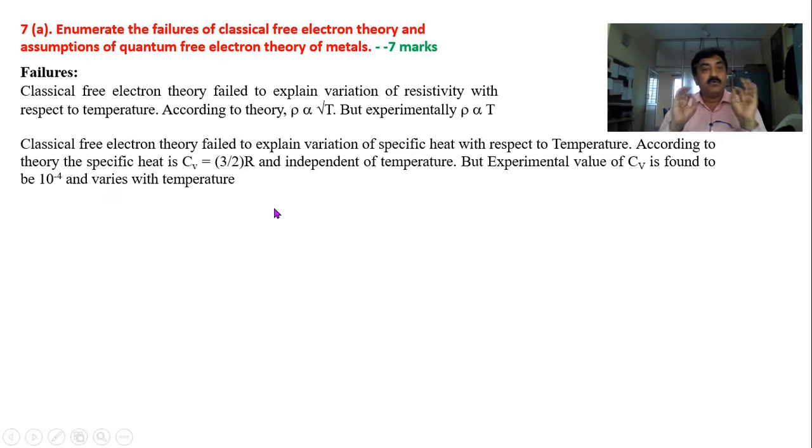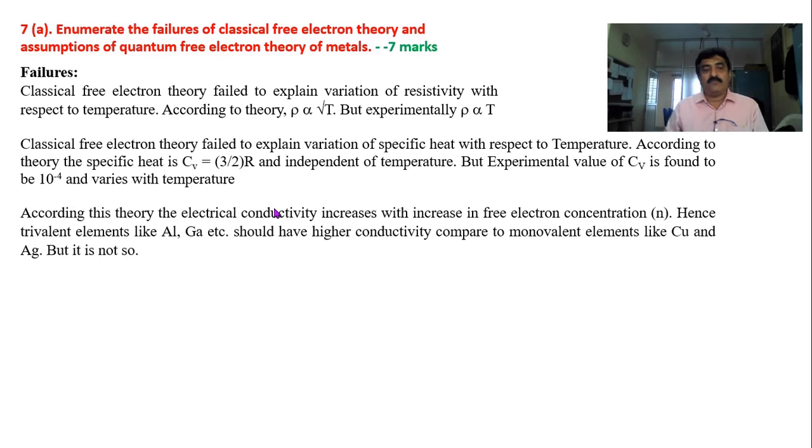And we always go with experiment. Theory is theory. Theory is based on many assumptions. Experiment is ultimate. Theoretically, specific heat is very high and independent of temperature. Experimentally, it is very low and depends on temperature. Therefore, this is another failure.